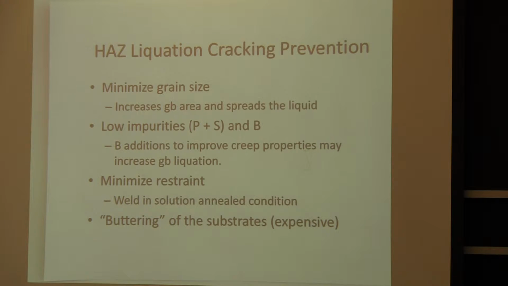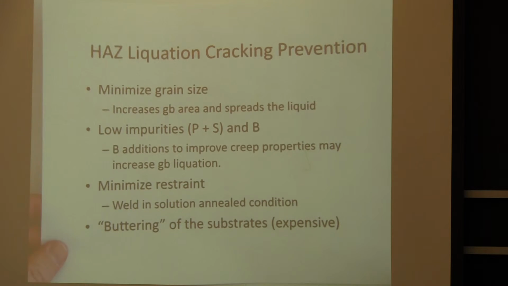And what that is basically, if you're welding on an alloy that's highly susceptible to heat-affected zone liquation cracking, you might butter or weld over the surface or almost clad the surface with an alloy that is less susceptible, and do that under controlled circumstances. And that would be one method for preventing these cracks as well.